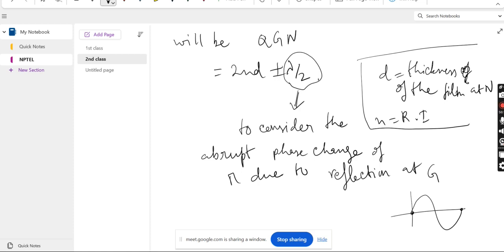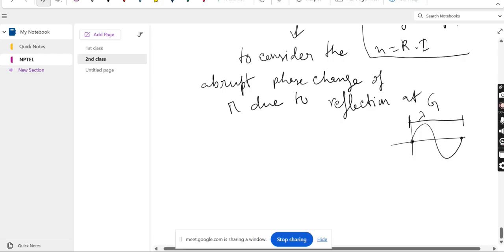So this 2 pi distance is denoted in this spatial quantity lambda. If a 2 pi phase change happens after lambda, then a pi phase change happens after lambda by 2. That's the logic.